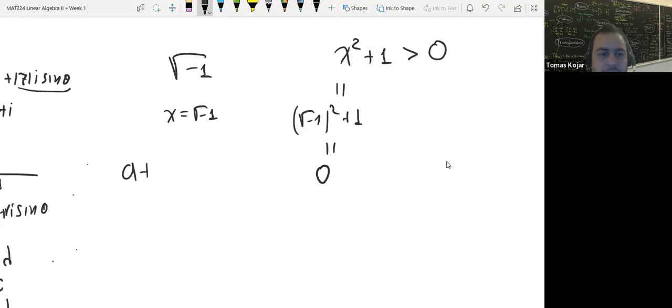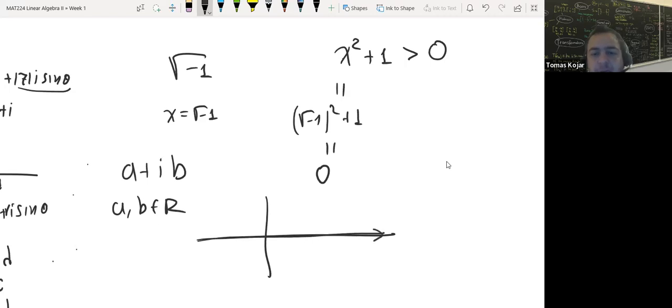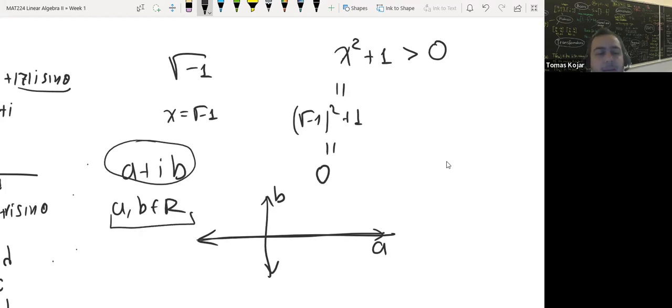When you write a plus ib, a and b are real. So it does contain the reals. So you still have consistency, meaning that stuff you do with complex numbers contains what you can do with real.